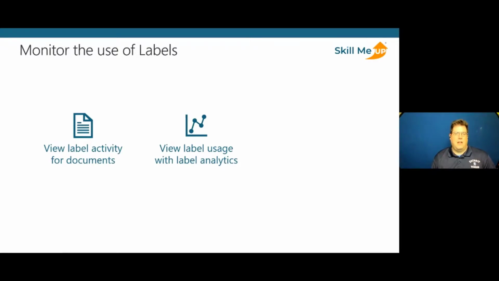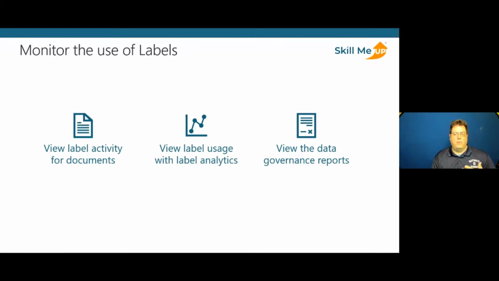Again, this can also be accessed in the Microsoft 365 compliance centers and security centers to quickly see which labels are being used the most and where those are being applied, and then finally through your data governance reports.